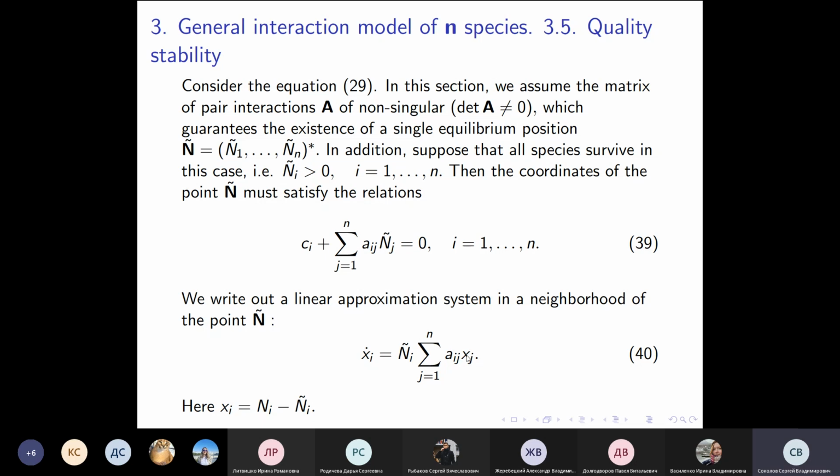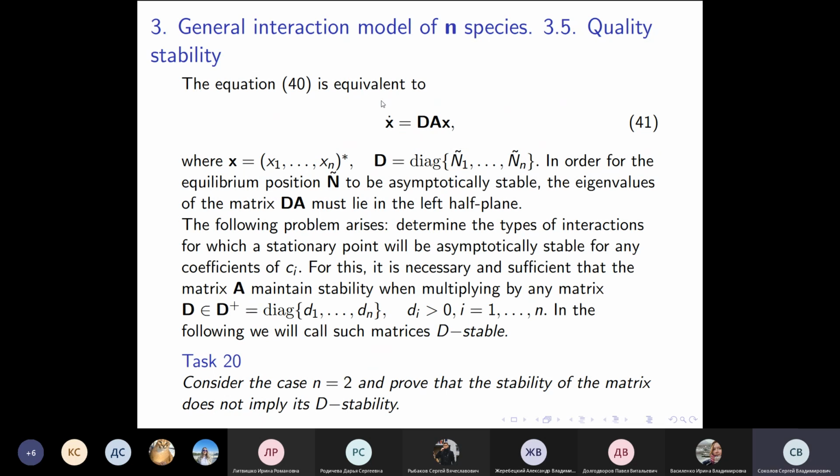It is our matrix A, and we multiply it by a diagonal matrix consisting of Ni tilde. So we can rewrite it in this form.